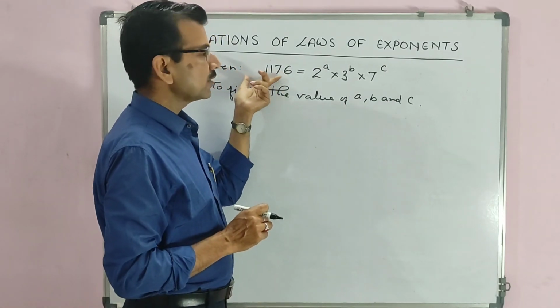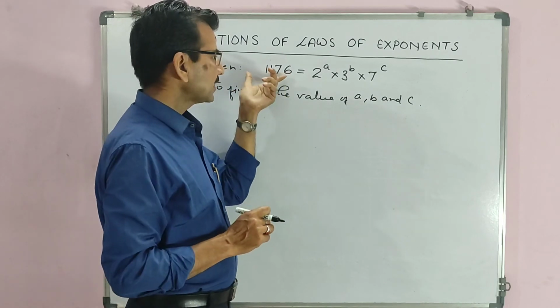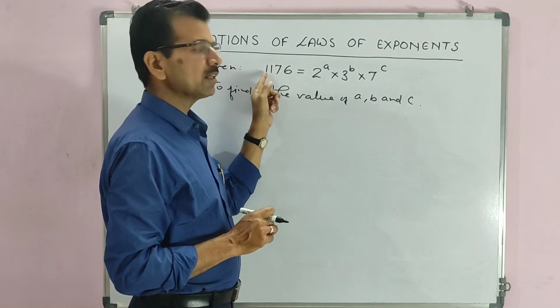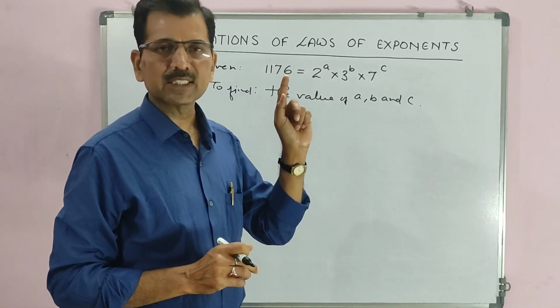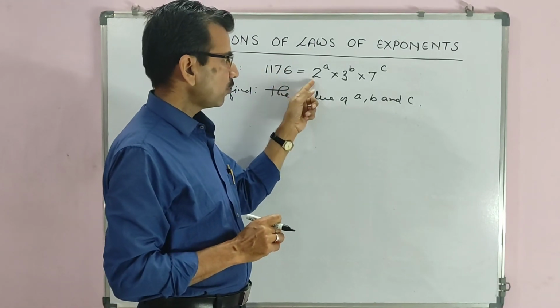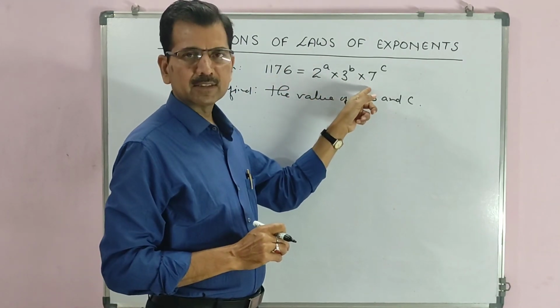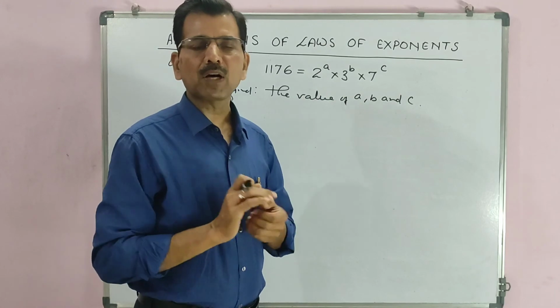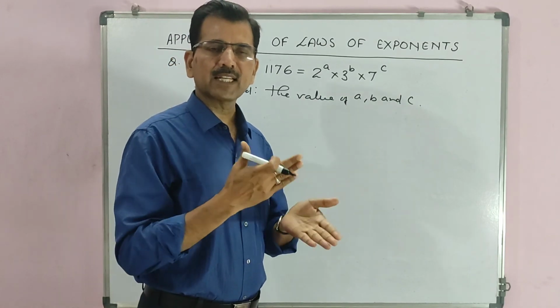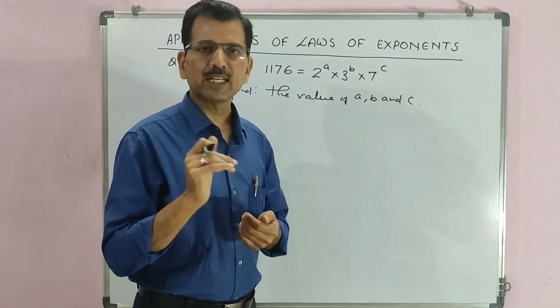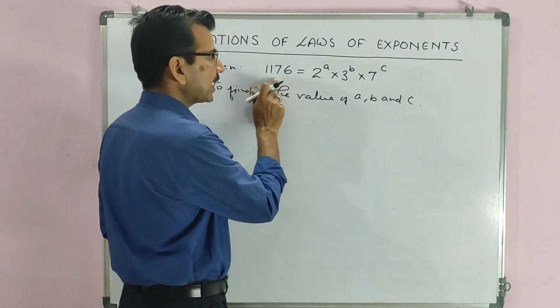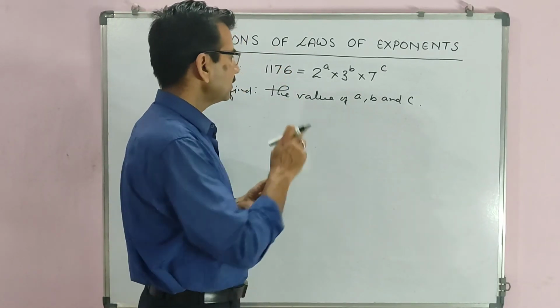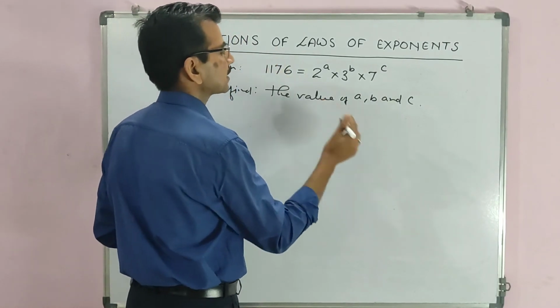So if we get the factors of the given number 1176 in the form of 2, 3 and 7, then we can compare their powers and find the value of a, b and c. So let us factorize this given number 1176.